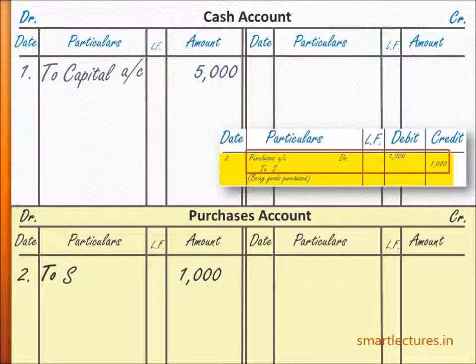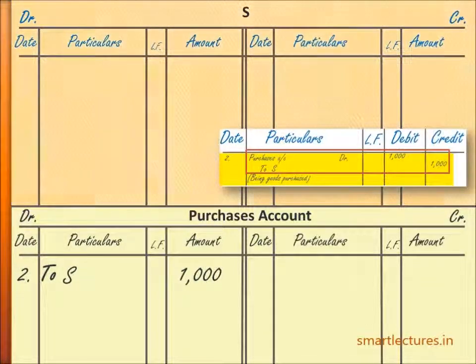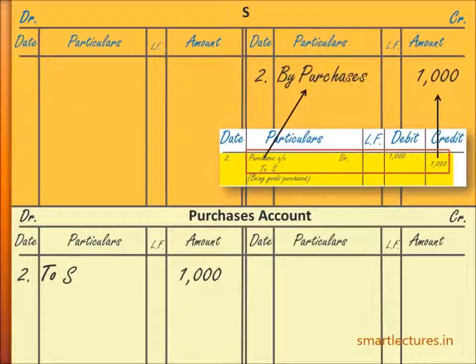Now move to S. S has been credited by rupees 1,000 in the journal entry. So what will you do? In the ledger posting, you will write down 1,000 rupees on the credit side of S in the amount column. So 'By purchases' rupees 1,000, because the opposite account was purchases.